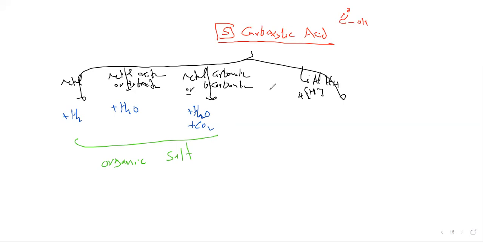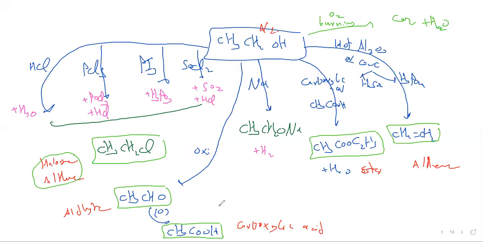And then you will find that for LiAlH4, this is the reduction to produce ROH. Because in case of oxidation of alcohols, it would produce carboxylic acids. So for oxidation of alcohol we produce carboxylic acid, and the reduction of carboxylic acid will produce alcohol.